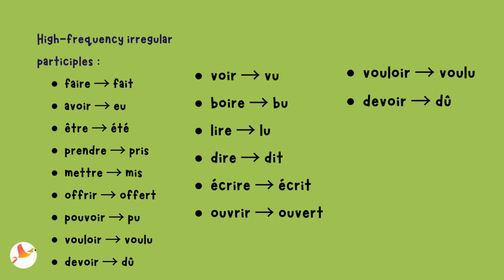Faire becomes fait, avoir becomes eu, être becomes été, prendre pris, mettre mis, offrir offert, pouvoir pu, vouloir voulu, devoir dû, voir vu, boire bu, lire lu, dire dit, écrire écrit, ouvrir ouvert.